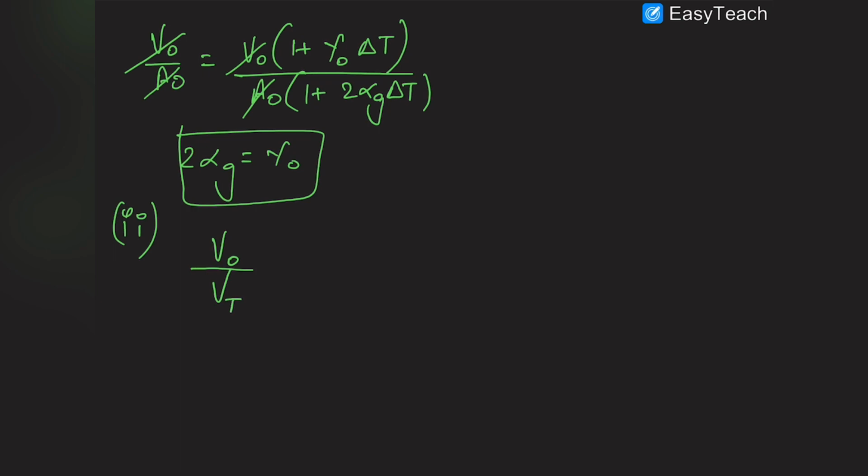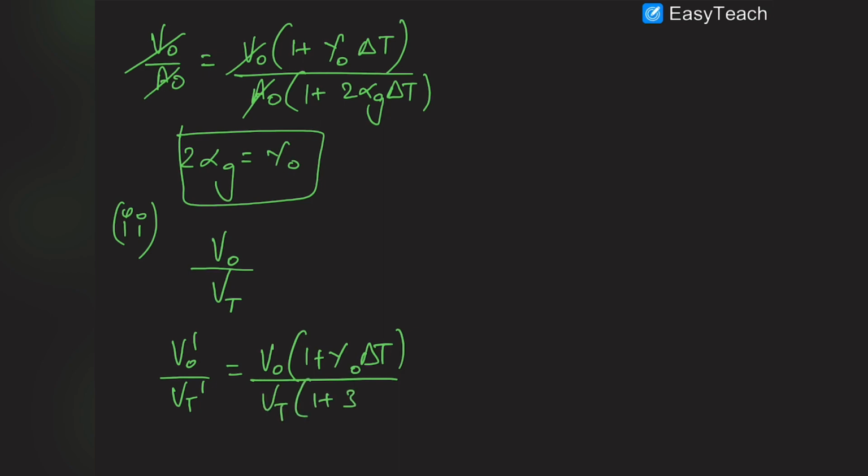At some different temperature, this fraction is V naught dash upon V total dash. V naught dash would be V naught times 1 plus gamma naught delta T, and V total dash would be V total times 1 plus 3 alpha g delta T, and this fraction should be equal to the initial fraction.